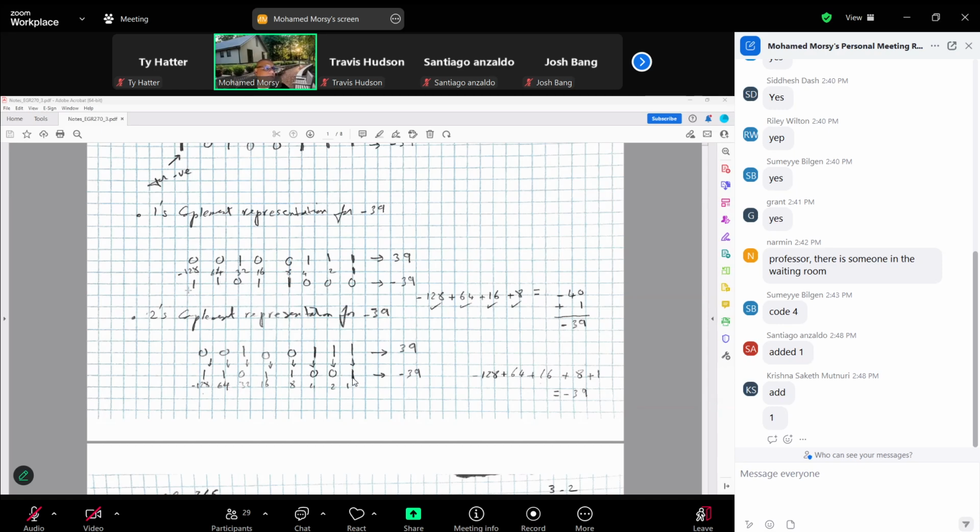And add these numbers: minus 128 plus 64 plus 16 plus 8 plus 1. When we add these numbers, we get minus 40. And as your friend mentioned, we add 1 for convenience to get the correct number. So when we add 1, we get minus 39, which is the correct number.